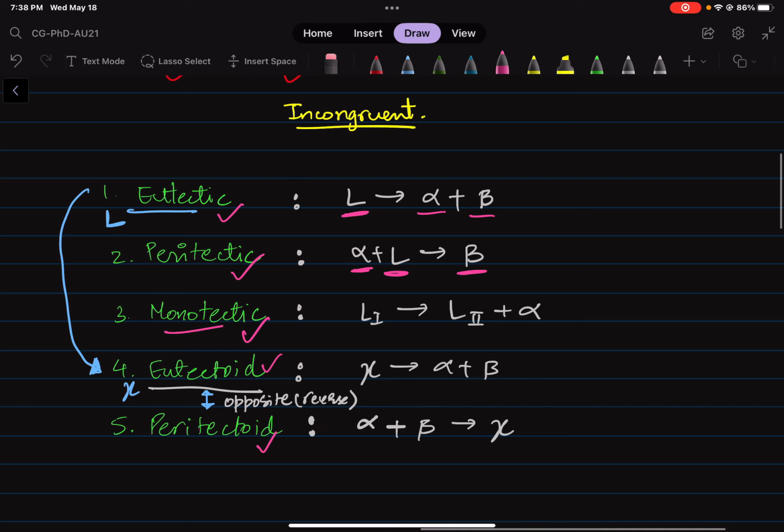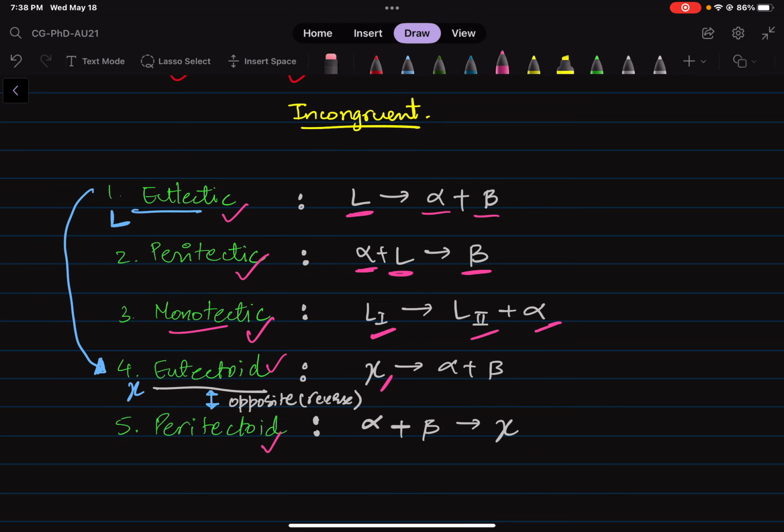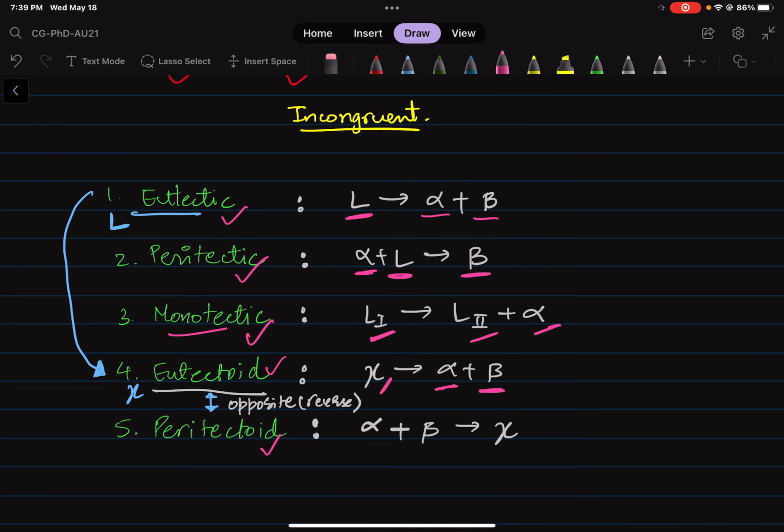In a monotectic reaction, you have liquid in one phase transforming to liquid in another phase plus a solid. For a eutectoid, you have one solid transforming to two solids. Thing to note, in a eutectic, we had a liquid transforming to two solids, while in a eutectoid, we have a solid transforming to two solids.